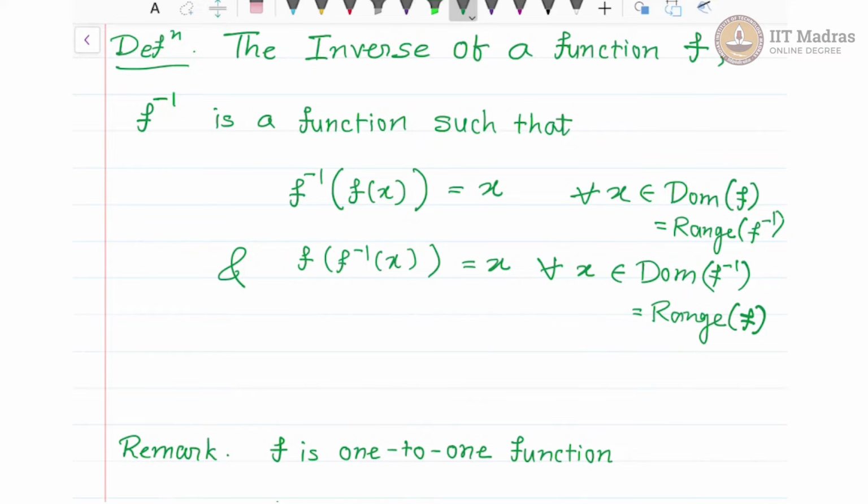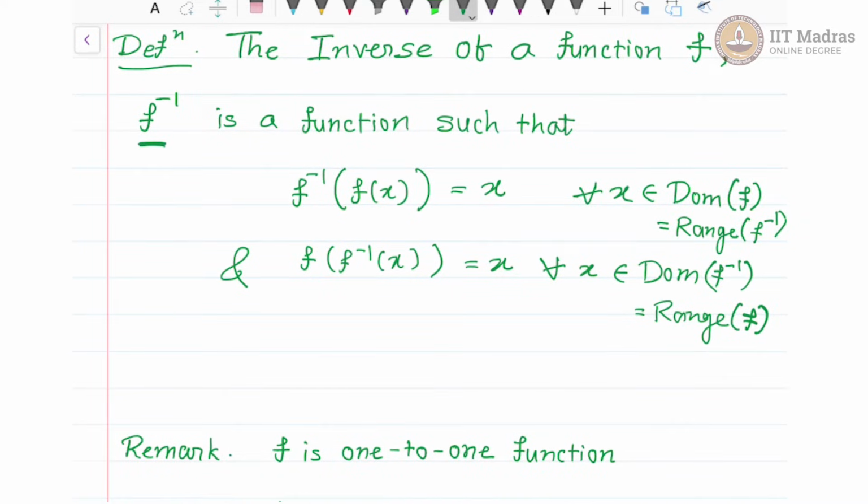The inverse of a function f, which we denote by f inverse, is a function such that f inverse o f of x is equal to x for all x belonging to the domain of f, which is equal to the range of f inverse, and f o f inverse of x is equal to x for all x belonging to the domain of f inverse, which is the range of f.